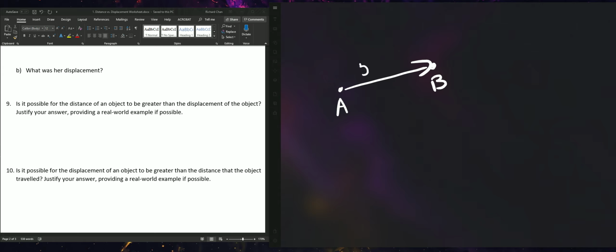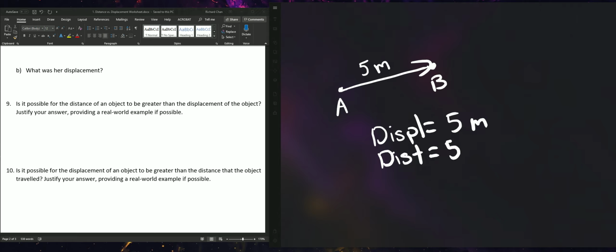And we're going to call that, let's say, 5 meters. If I just go straight from point A to point B, that's the simplest you can get, right? That's going to be my displacement. So my displacement is going to be 5 meters. And my distance? Well, it's also going to be 5 meters. It's going to be the same exact thing.